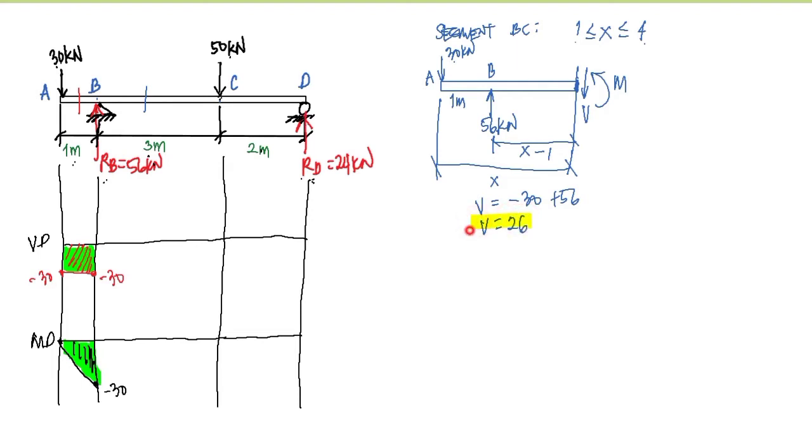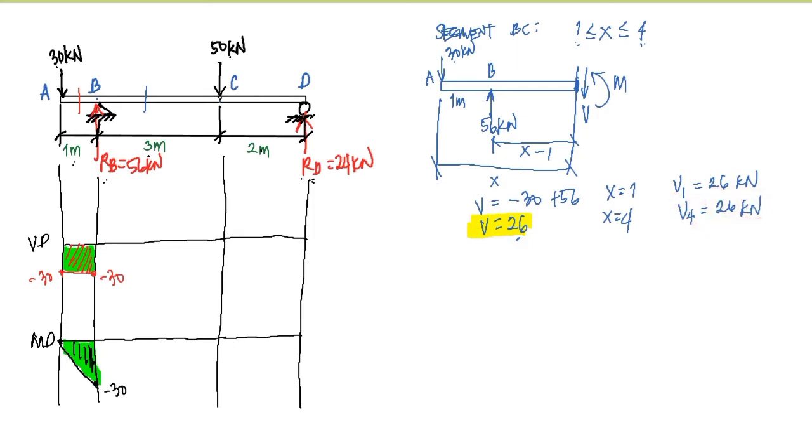So this equation here is the equation for our shear. So for the limit at x is equal to 1, of course the shear at 1 is equal to 26 kilonewton, and at x is equal to 4, we have here the constant value of shear, which is equal to 26 kilonewton.